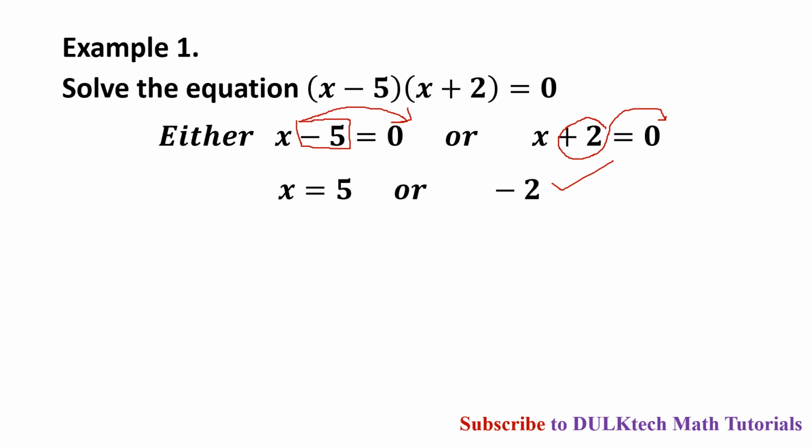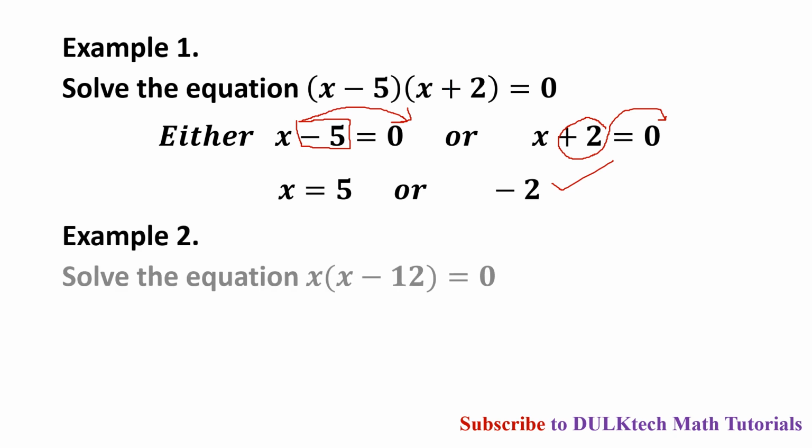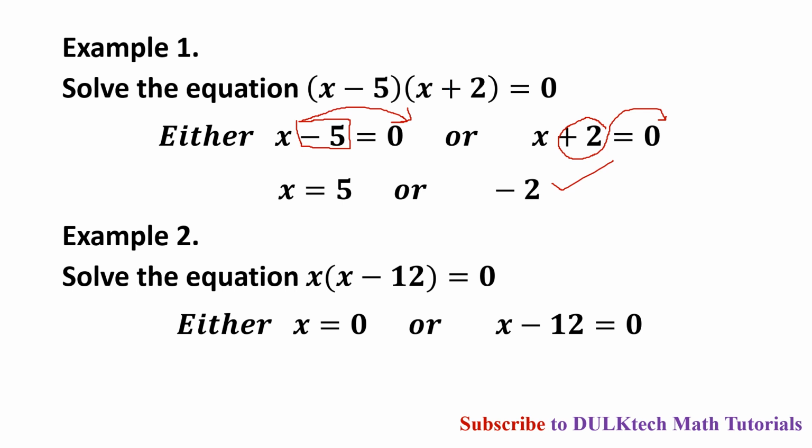Right, let's move on to our next example, where we are saying x times (x minus 12) is equal to 0. There is a possibility that one of the factors is either x is equal to 0 or x minus 12 is equal to 0, or both. So we can write either x is equal to 0 or x minus 12 is equal to 0.